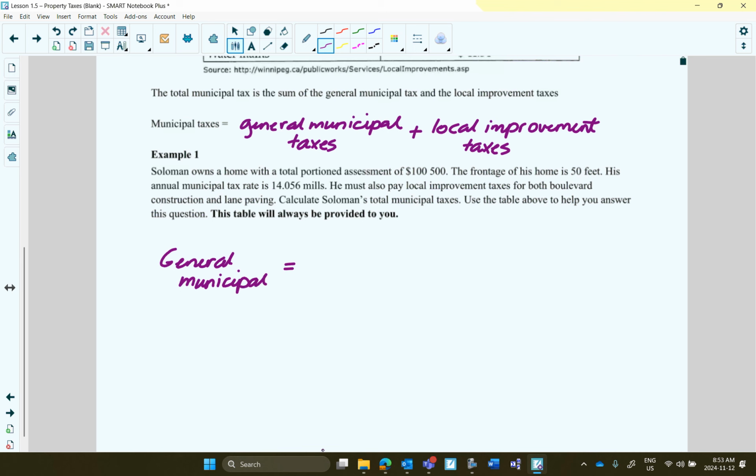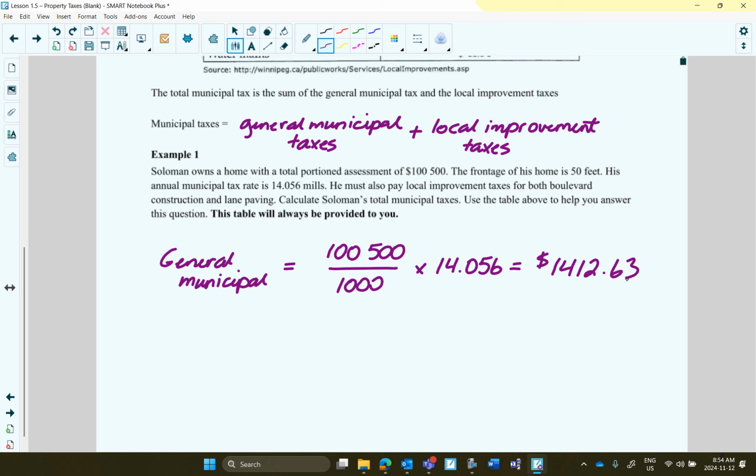So it's his total portion assessment, $100,500, divided by 1,000 to figure out how many thousands there are in 100,500, times the tax rate, 14.056. And that gives us $1,412.63. So that's part of his municipal taxes.